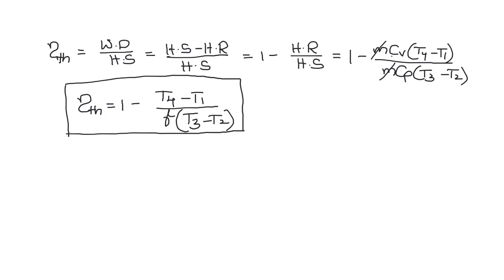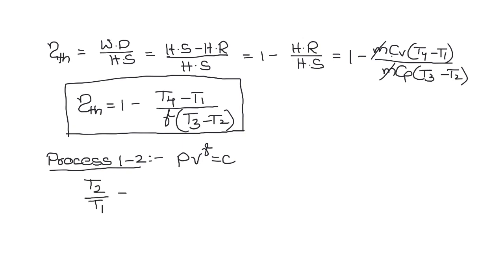For that, let us take process 1 to 2. It obeys PV^gamma equal to constant. For an isentropic process, the temperature and volume relation is T2 by T1 is equal to (V1 by V2) whole power gamma minus 1.